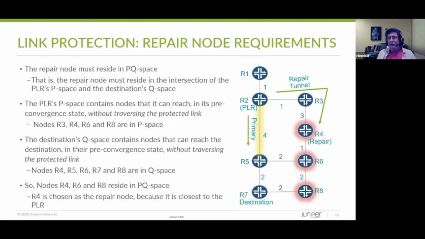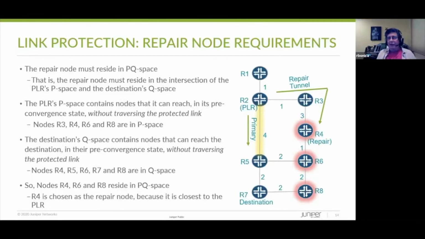So we're going to define two things. The PLR is going to have a set of routers in the P space. The destination is going to have a set of routers in the Q space. And any node that is in both sets is in the PQ space. Now, what is in the PLR's P space?